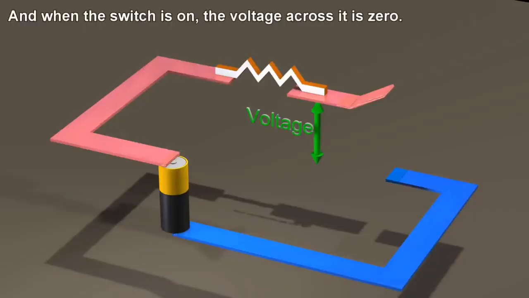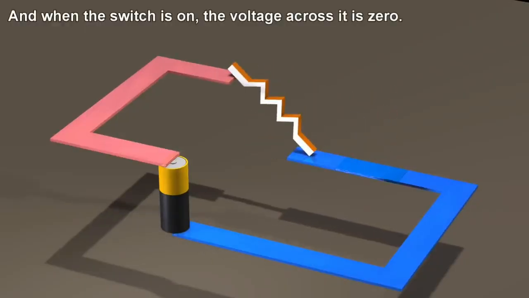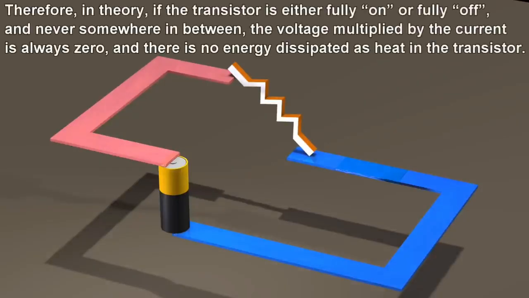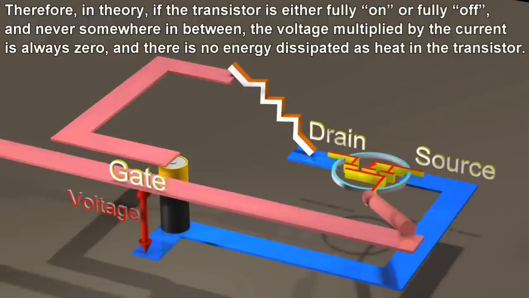And when the switch is on, the voltage across it is zero. Therefore, in theory, if the transistor is either fully on or fully off, and never somewhere in between, the voltage multiplied by the current is always zero, and there is no energy dissipated as heat in the transistor.